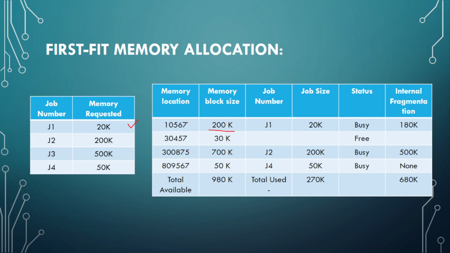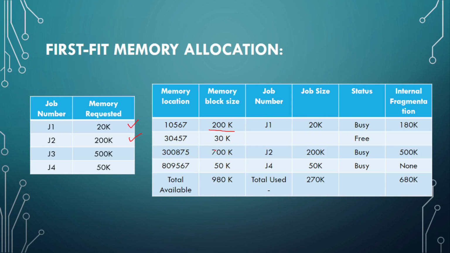So we allocated the first block which is equal to or more than the size of the requested memory. Now we have to allocate memory for 200 KB. Here the next available block is 30 KB, which is less than the requested memory. So we go for the next block, which is 700 KB, which is more than the requested memory.